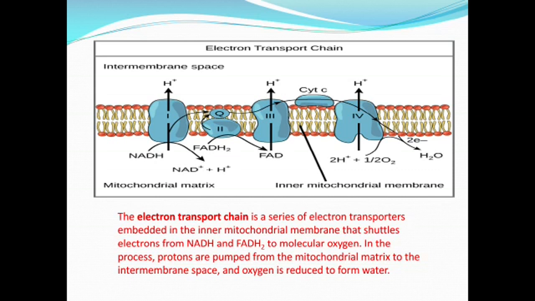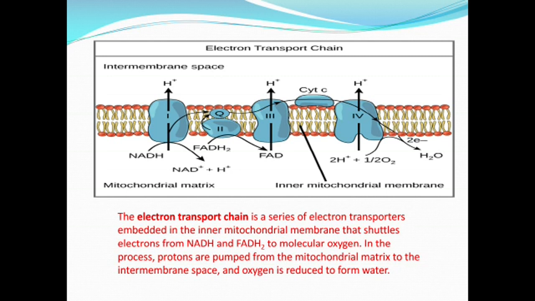So what is the site of the electron transport chain? It is mitochondria, and it is the chain which directly depends on what? It directly depends on oxygen. Like Krebs cycle, it also occurs in mitochondria.